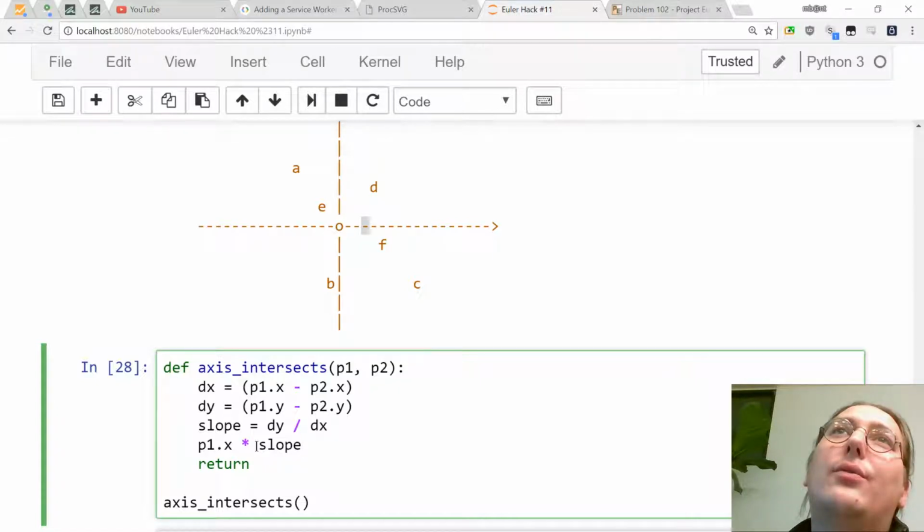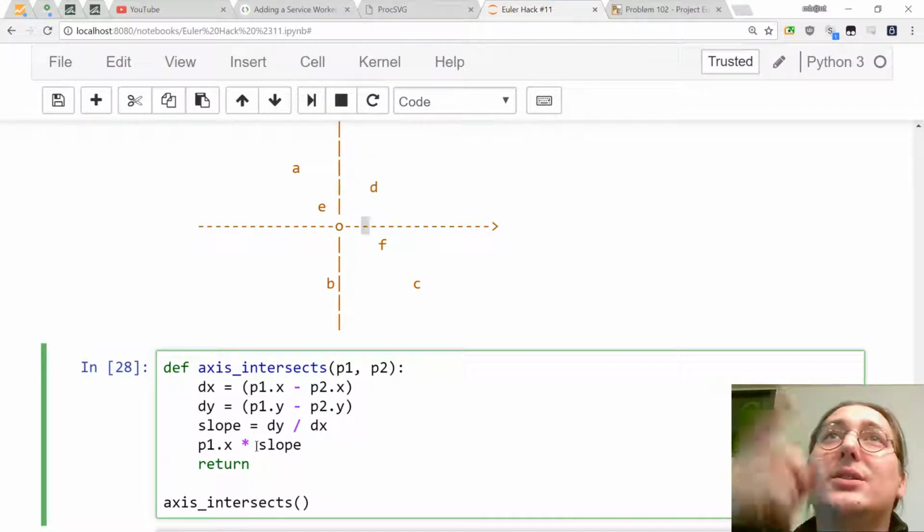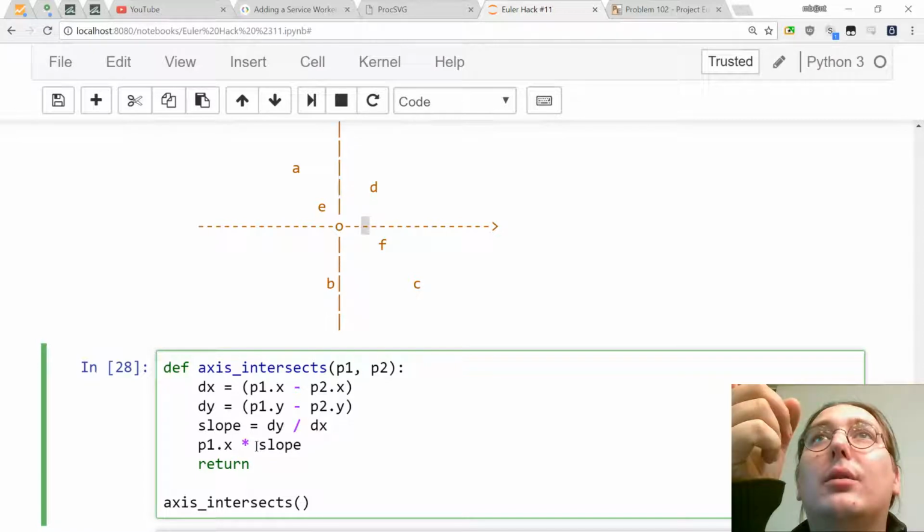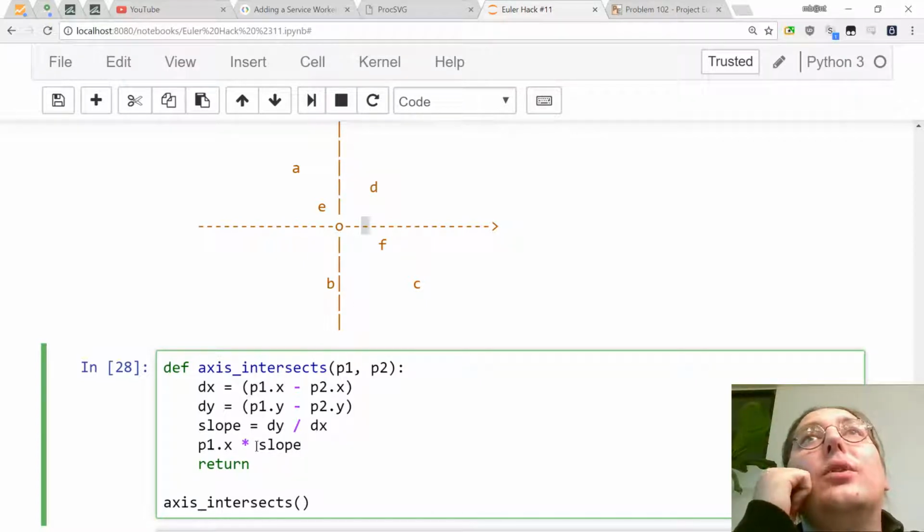We're solving for this, so this is the formula for y, and b is the offset. Then we're solving for y equals 0, so that means 0 minus slope times x.